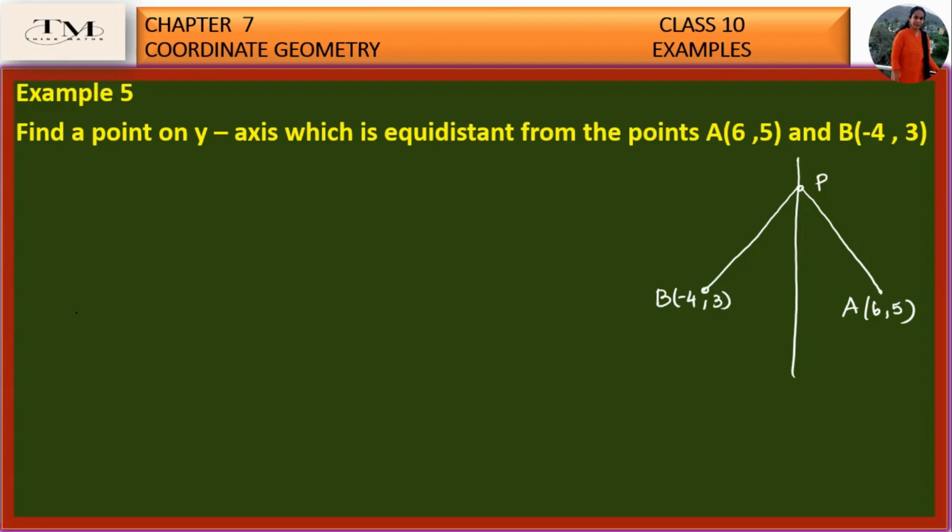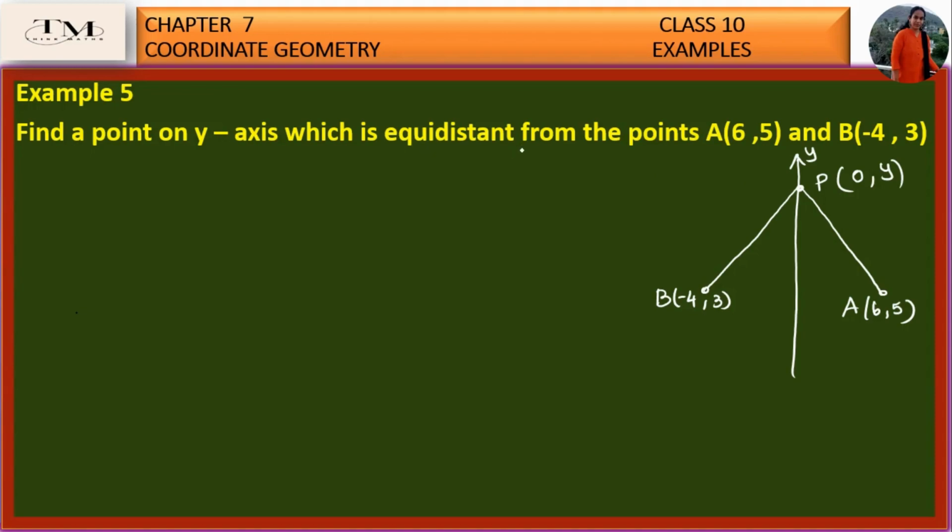So this point P is equidistant from A and B. How will the points be in y-axis? In y-axis, x coordinate will be 0, and some value for y. So this is the way the point will be in y-axis.